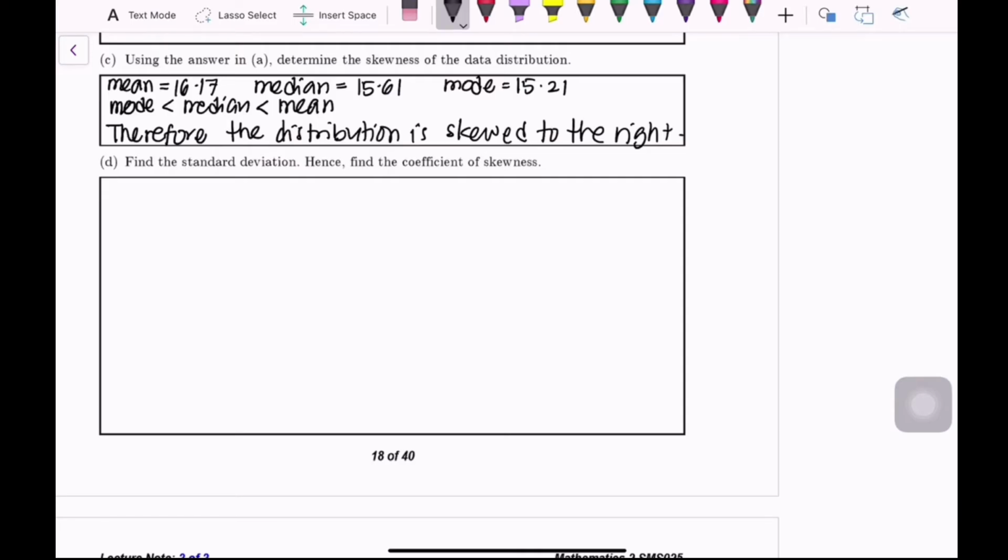D. Find the standard deviation, hence find the coefficient of the skewness.